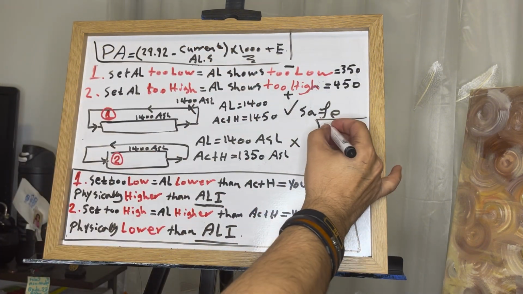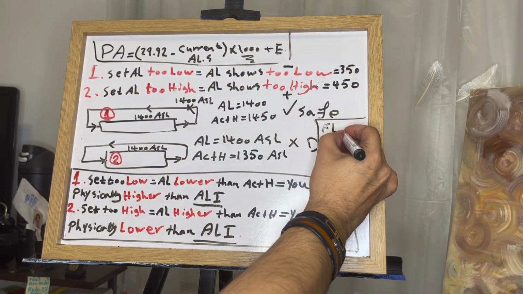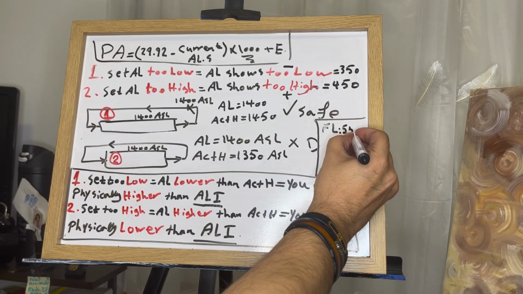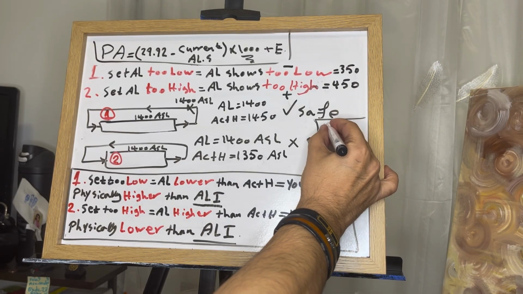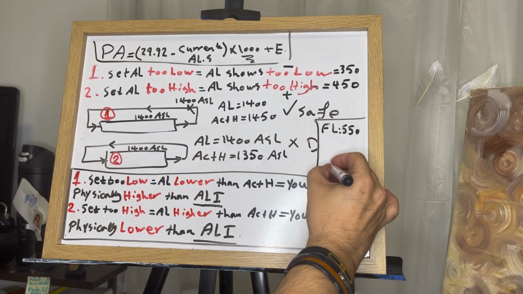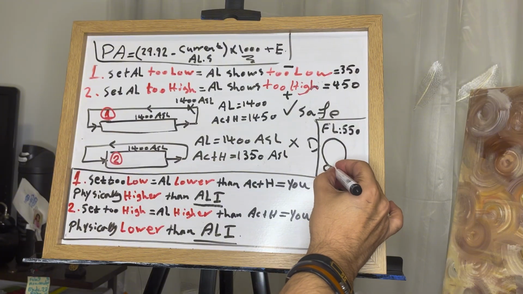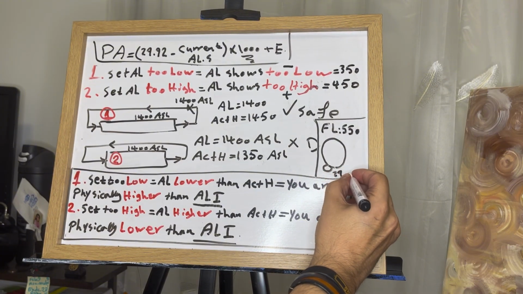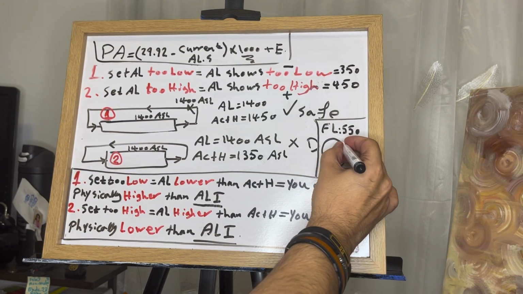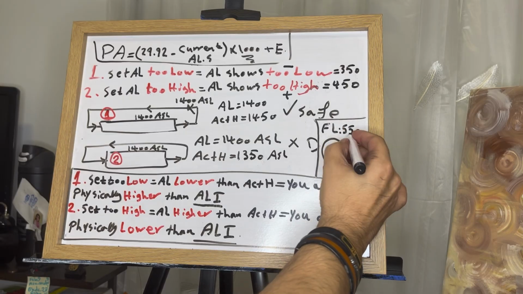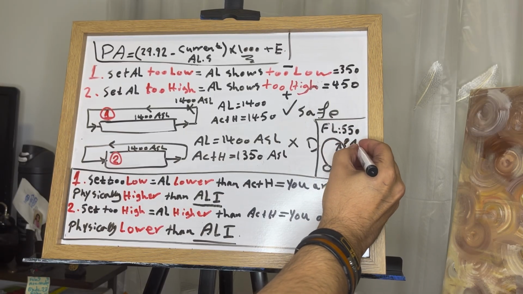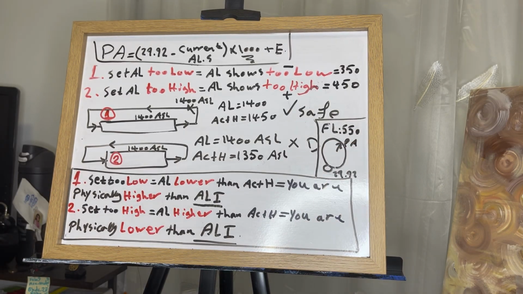For example, you are in flight at 5,500, right? You set the altimeter to 29.92, read the altitude from the altimeter, and this is the pressure altitude. That's it.